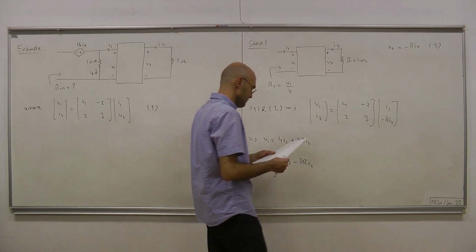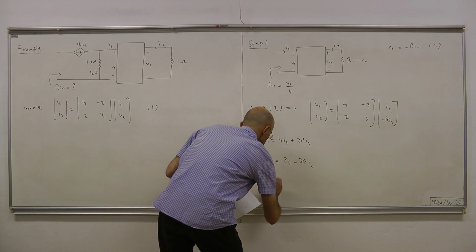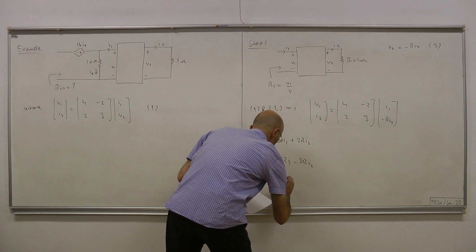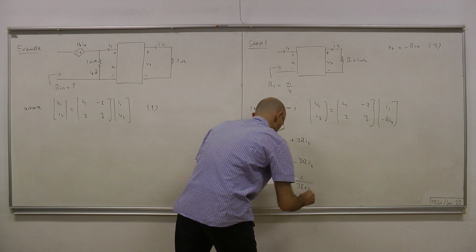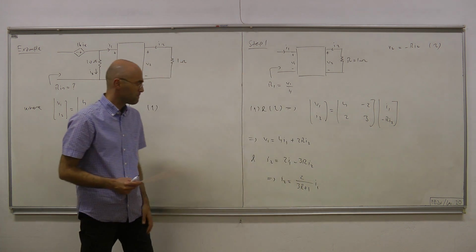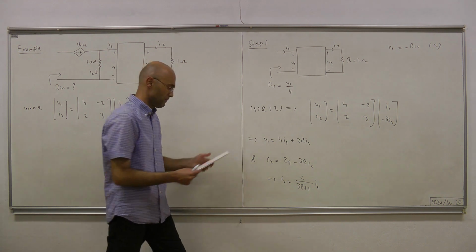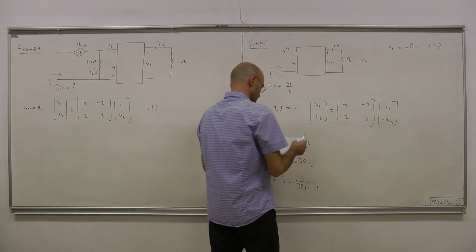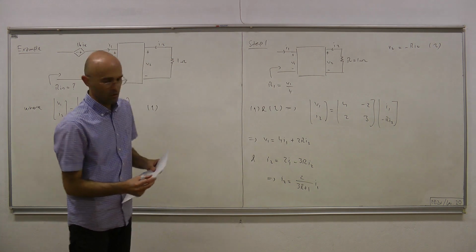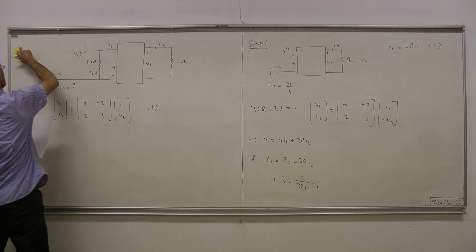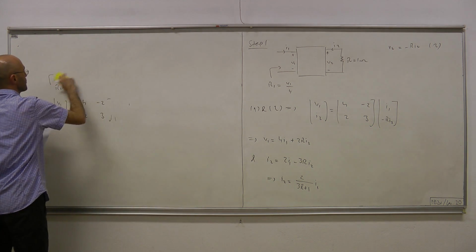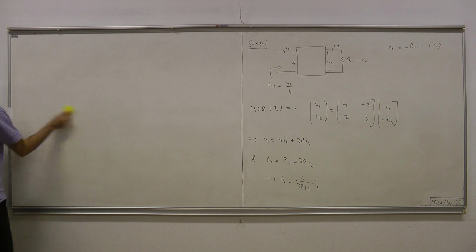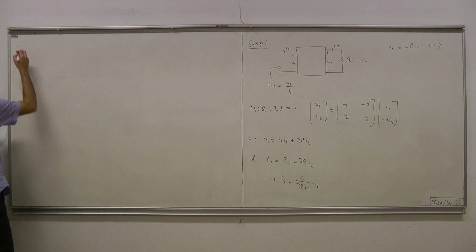Okay, so let's do that. So the second equation implies that I2 equals 2 over 3R plus 1 times I1. Okay. So that's I2 in terms of I1. And then, okay, so let me squeeze it here. Okay.